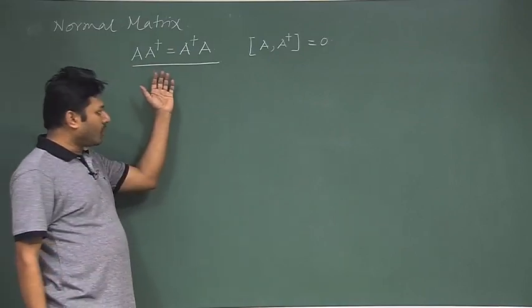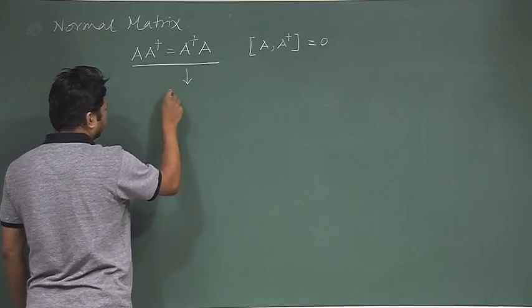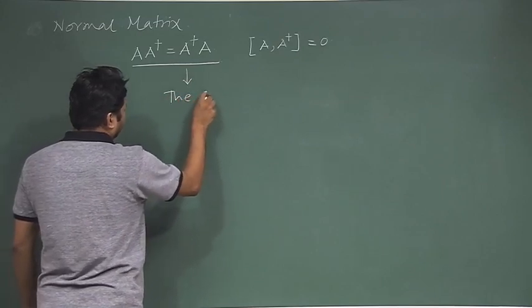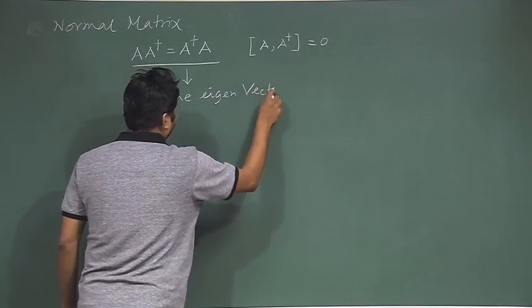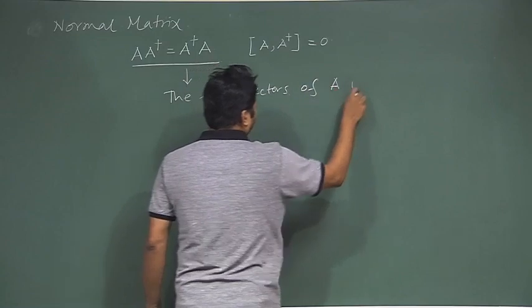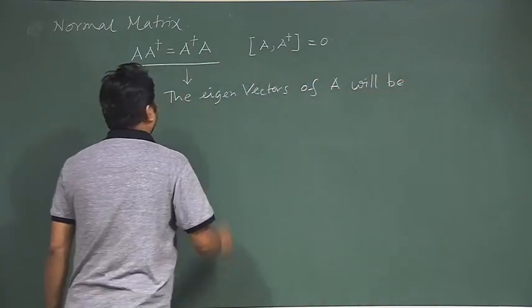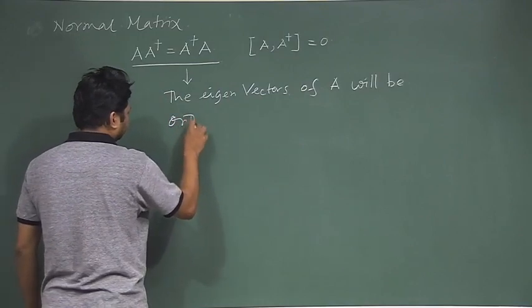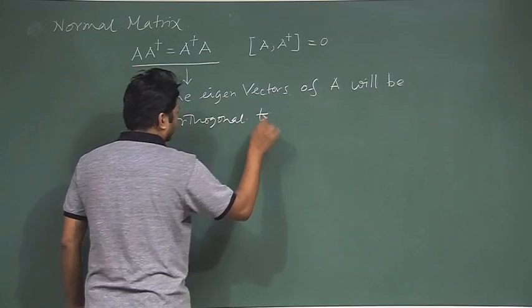That is another thing we know from that. If a matrix is normal, then the corresponding eigenvectors of A will be orthogonal to each other.